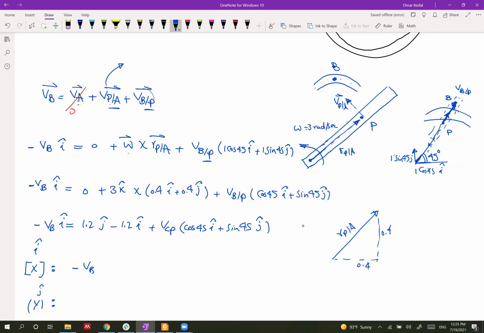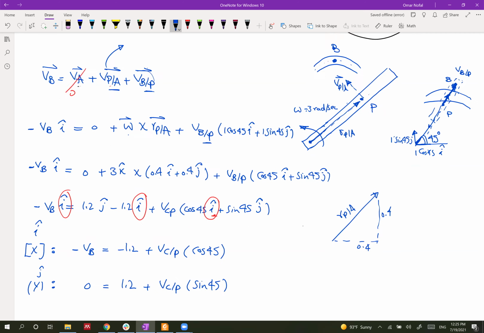Negative VB will be equal to negative 1.2 plus VCB multiplied by cosine 45 degrees. And this is based on the I term. Let's do the same thing for the J. We have 0 on the left-hand side, but we have 1.2 plus VC with respect to B sine 45.